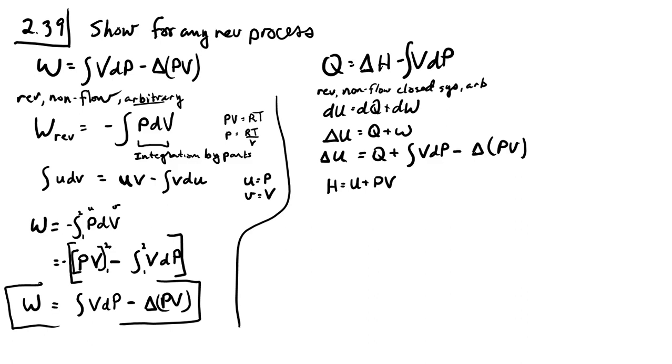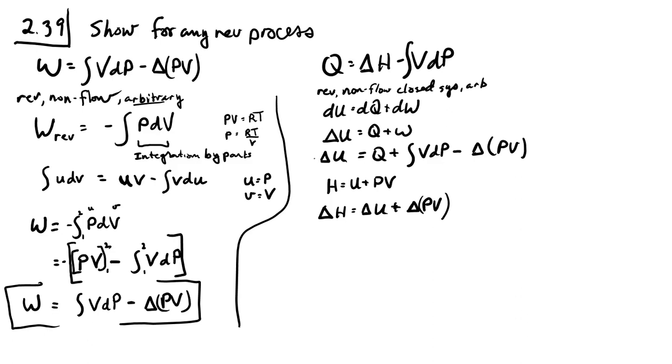This is the definition of enthalpy. And so delta H is equal to delta U plus delta PV. All right. And so delta U is equal to delta H minus delta PV.